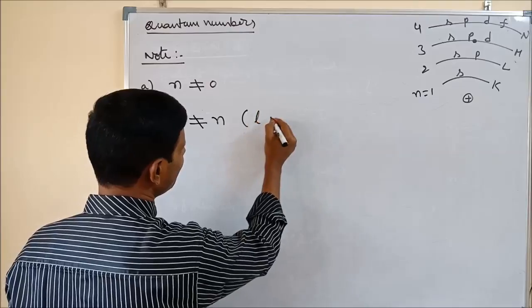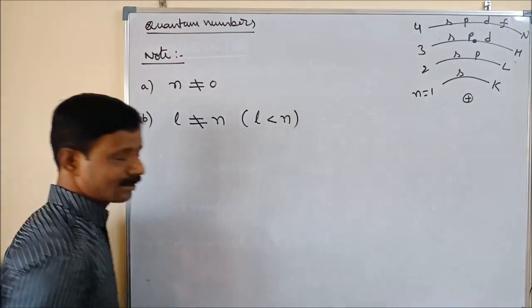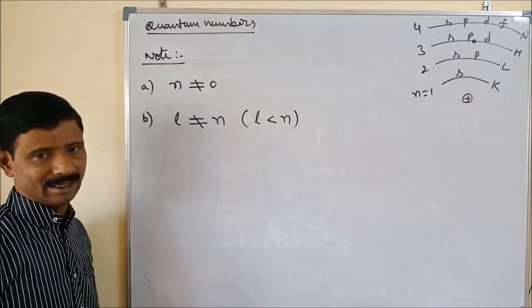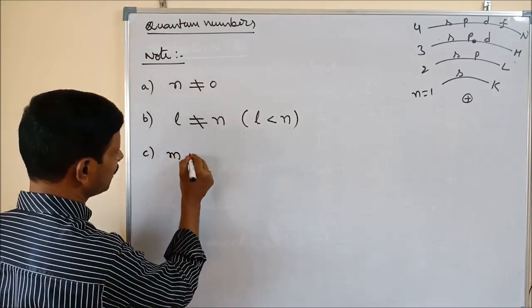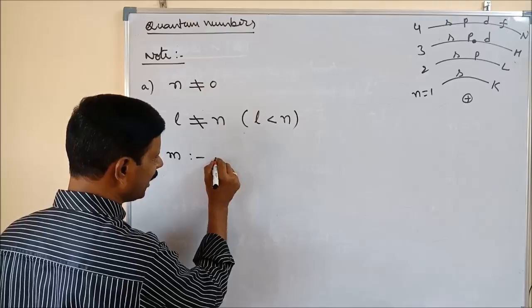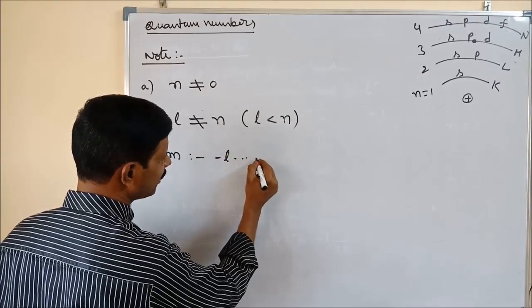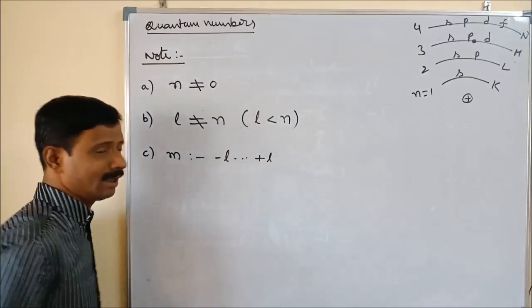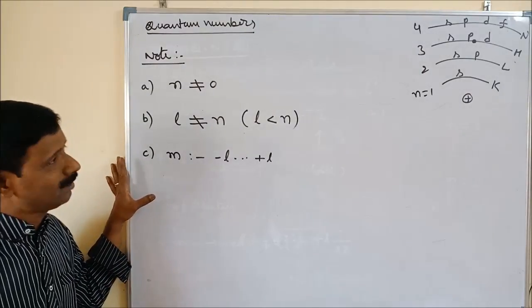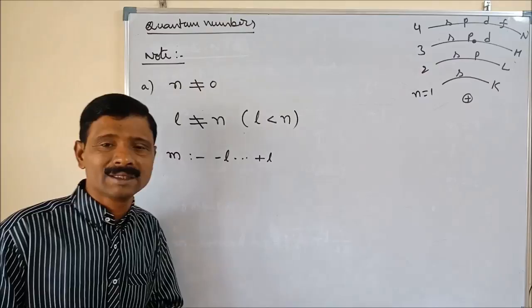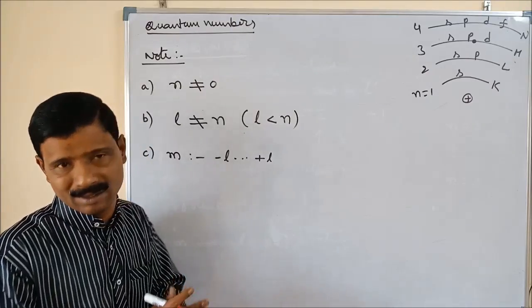It is always less than n. And third, the values of m should be between minus L to plus L only. By keeping these three in mind, we can identify whether the given set is correct or not.